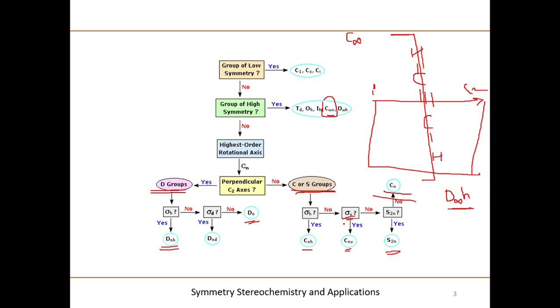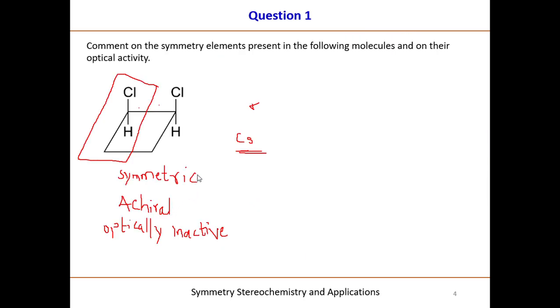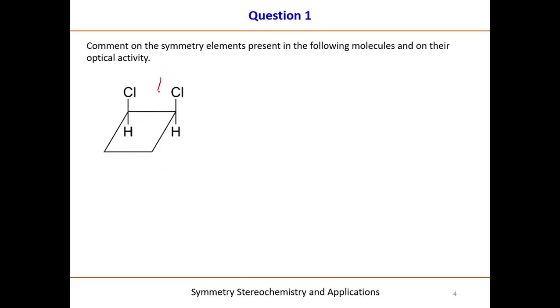Now we will start the question answer solution. So this is the first example. Here you can see that if I pass the axis of rotation from here, I will check it.